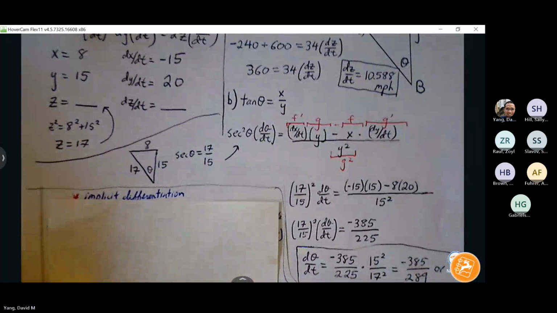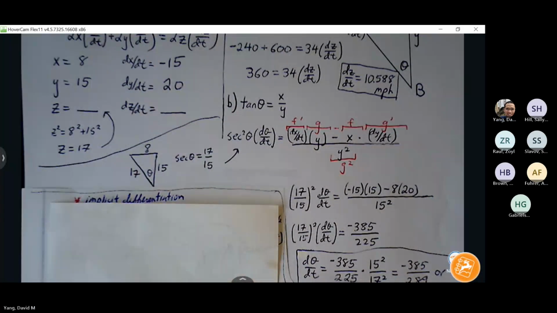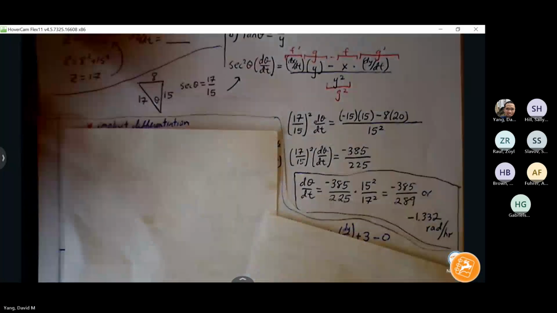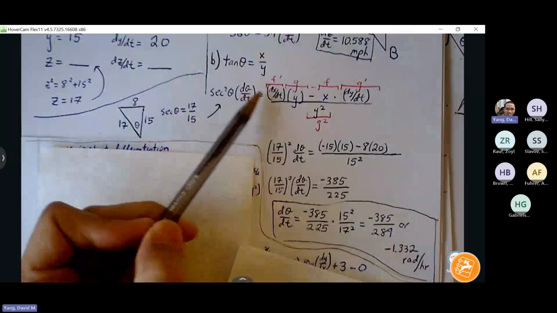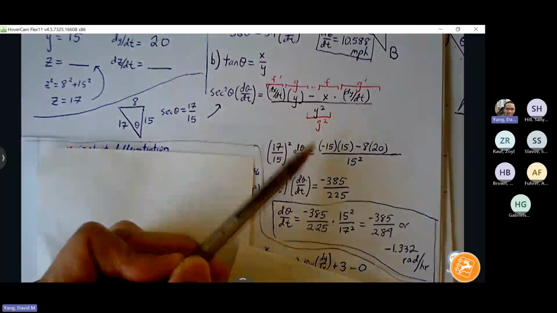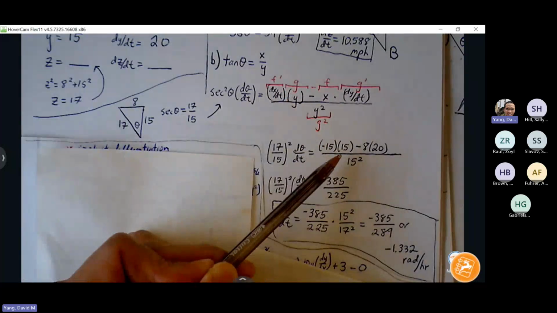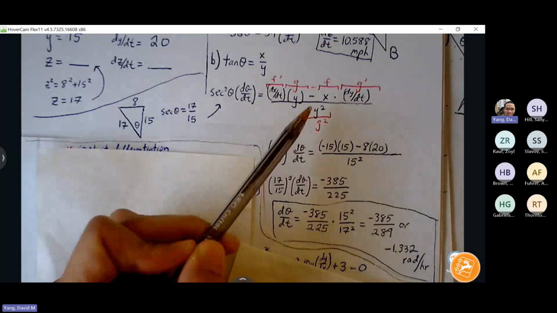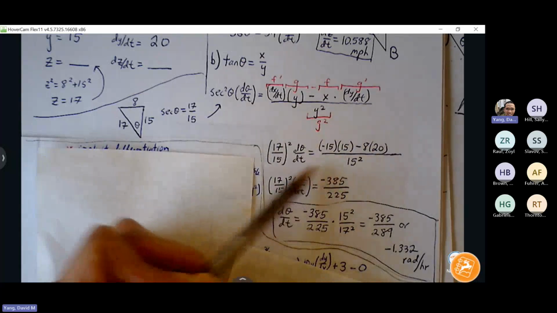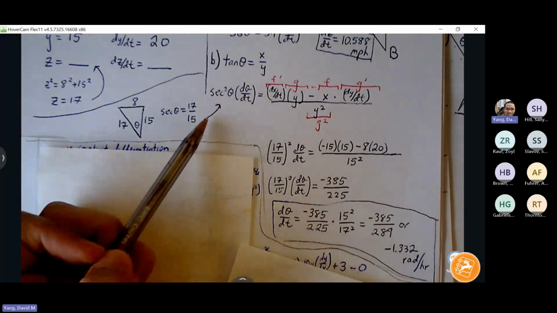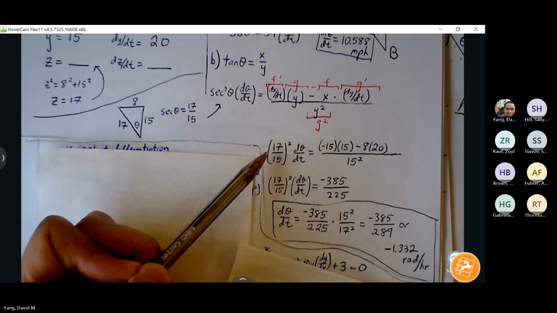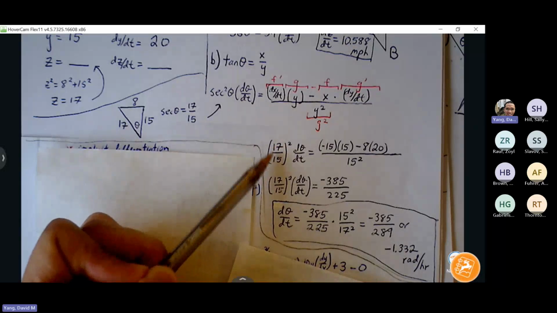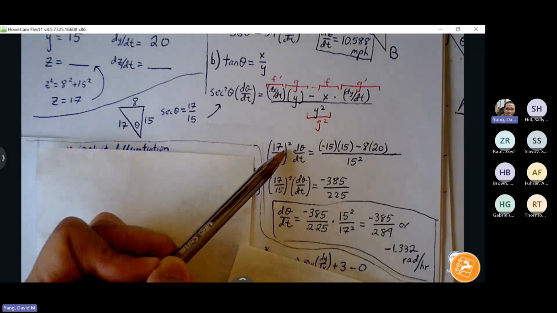Okay, so let's put everything in. dx dt gets replaced with negative 15, y gets replaced with 15, x is 8, dy dt is 20, y squared, that's 15 squared. Secant of theta is 17 over 15. Make sure we put down the ratio fraction first, and then we square it.